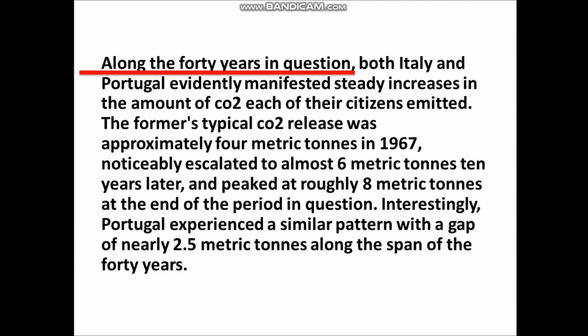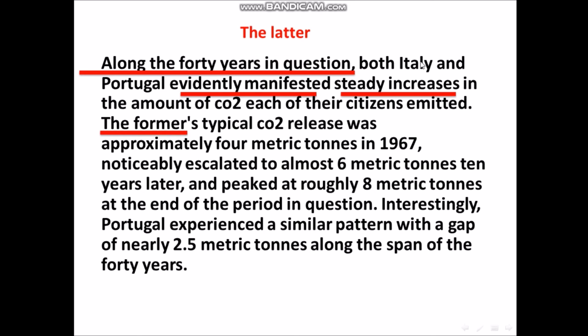Some useful language would be along the 40 years in question, evidently manifested, showed clearly, steady increases, rising slowly, gradually. The former, this is a reference word. The former and the latter are two referencing words that are highly recommended.